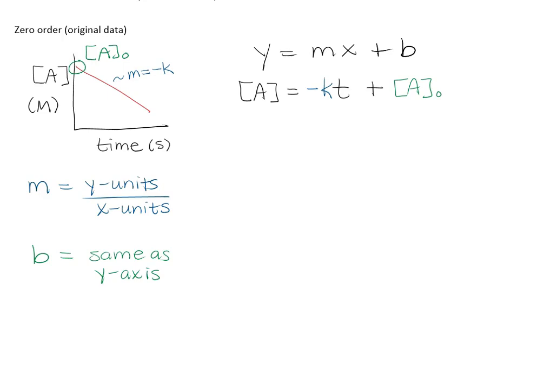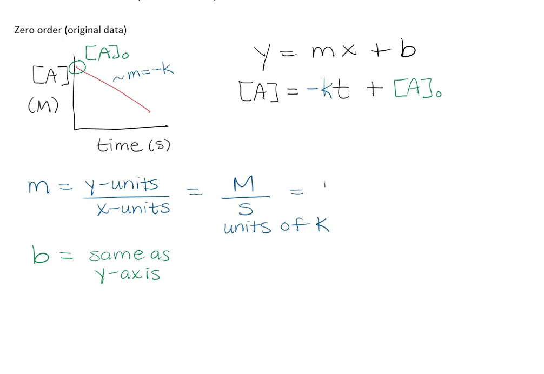But here, we're looking at data based on measurements, and so we really do have to consider the units. Our units of slope are the y units, which are molarity, divided by the x units, which are seconds. And so the units of slope, which are the units of k, are molarity per second.